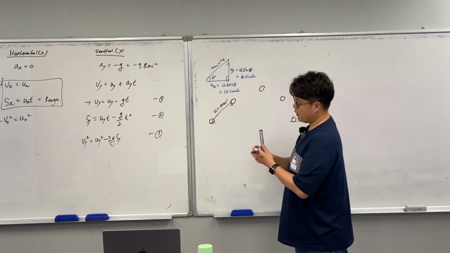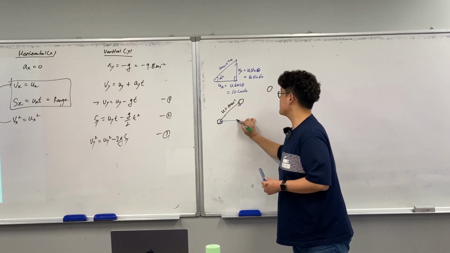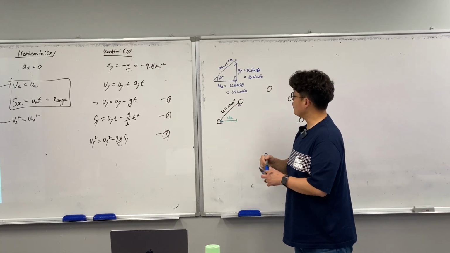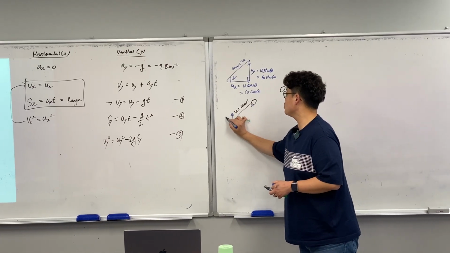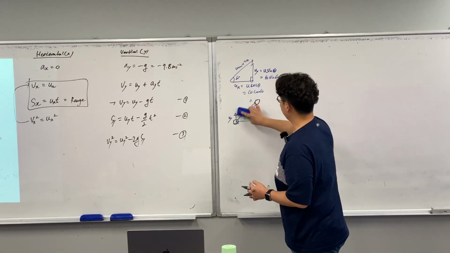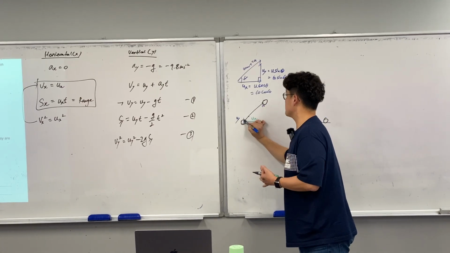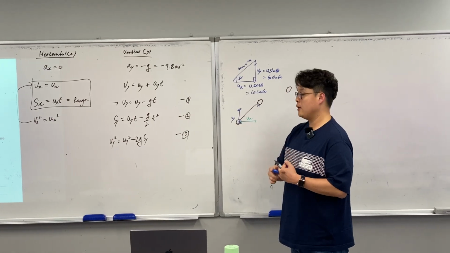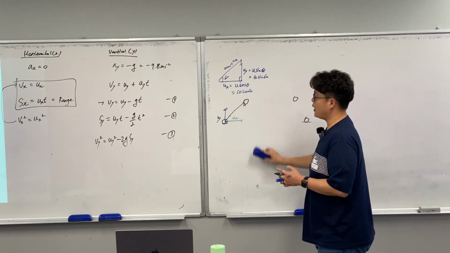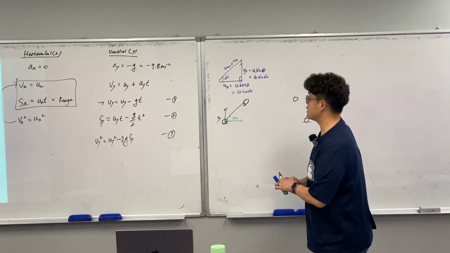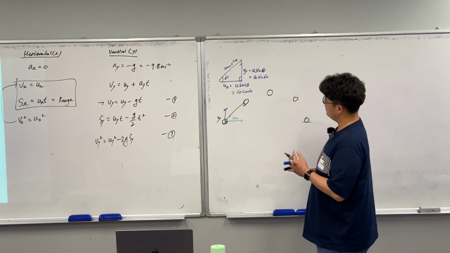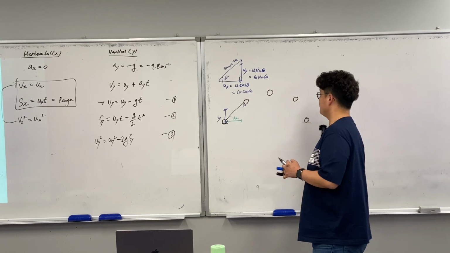We have this ux, and we also have uy going like that. Initially, that's what's happening. Can you see what's going on? Now, as the ball is moving up towards the maximum height, Joseph, what do you expect for its horizontal velocity? Horizontal.